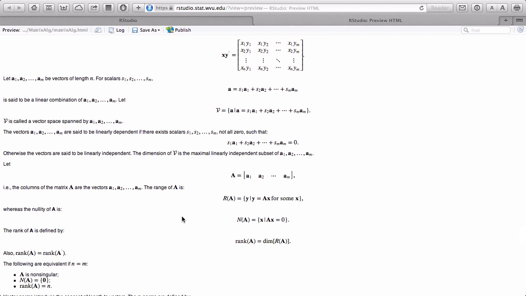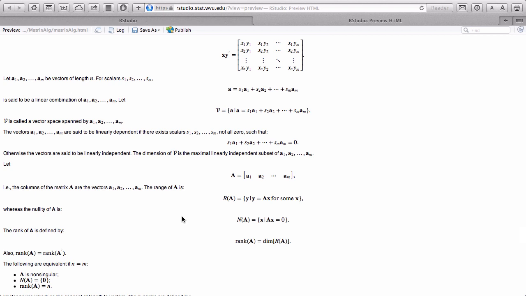Now, the columns of a matrix we can think of as being vectors, and then we can talk about things like what is the range of the matrix, meaning if I take the matrix A and I look at all the possible x's I could multiply, A times x, that gives me a y, then the range of A is all possible y's that I can get from any possible x I could multiply A on the right.